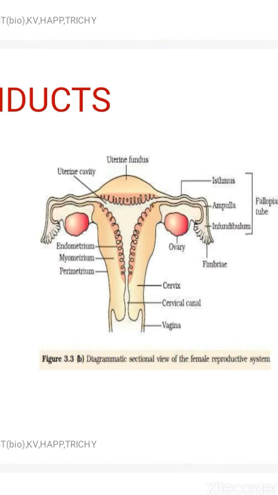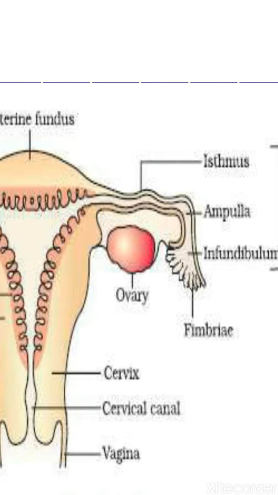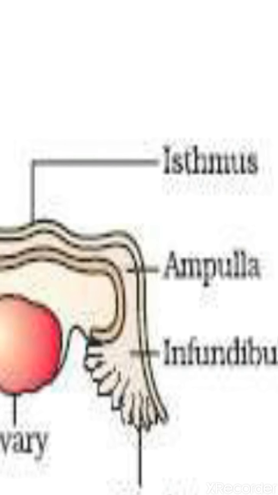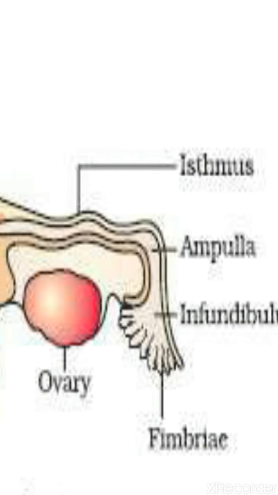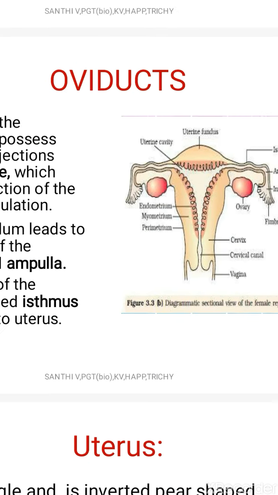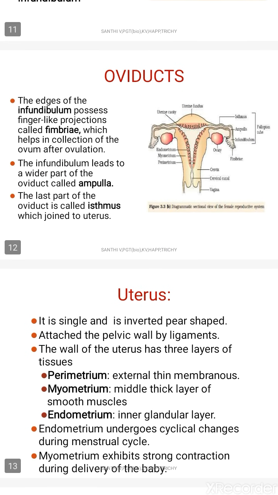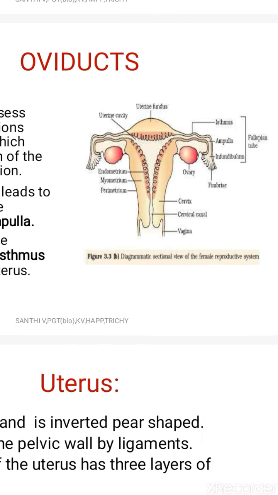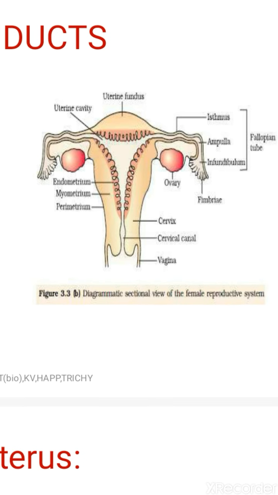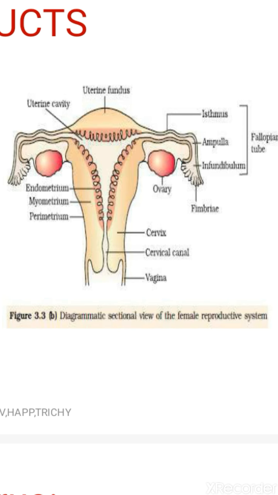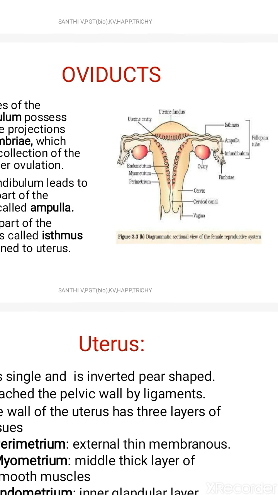Fertilization occurs at the ampullary isthmic junction, in between the ampulla and the isthmus. So the fallopian tube consists of three regions: infundibulum with finger like fimbriae, ampulla, then isthmus.